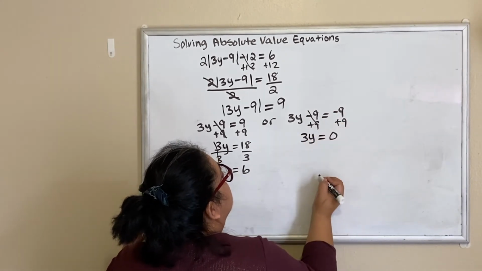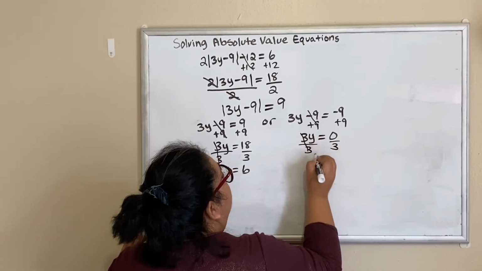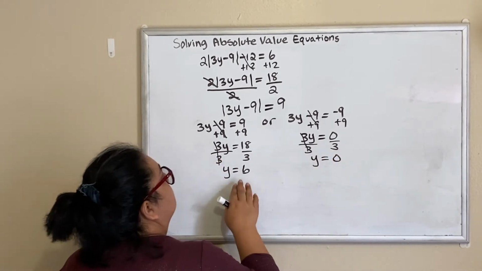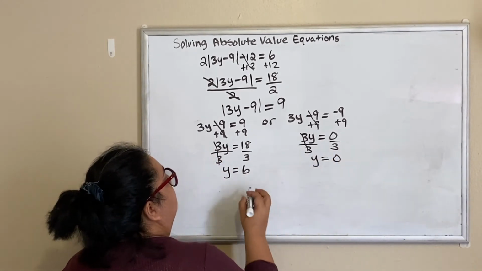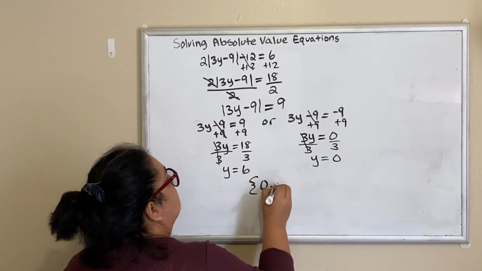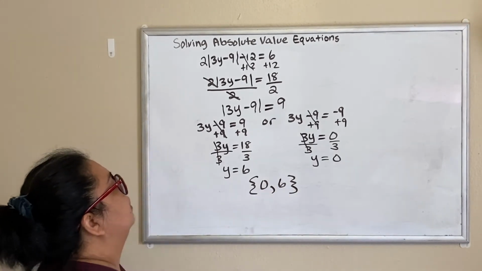Well, that's going to be 0. And then you can still divide by 3, but you're still going to get y equals 0. So you get two solutions, 6 and 0. And we're going to put that in our solution set, the set that contains 0 and 6. And there is our solution set.